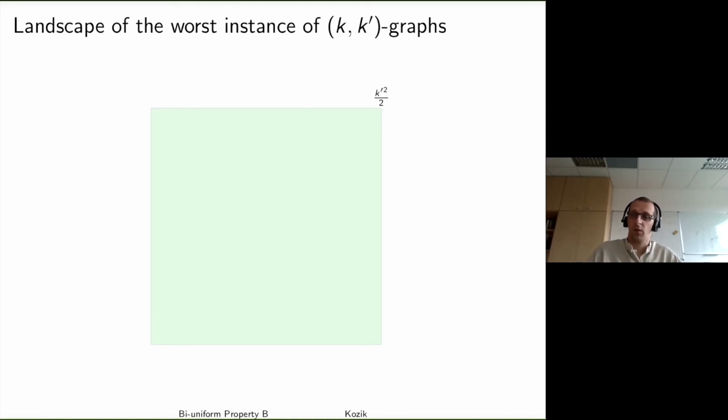It is not uniformly random. That's pretty clear. But it turns out that it is random enough that you can continue with the somehow standard recoloring method to get rid of monochromatic long edges.